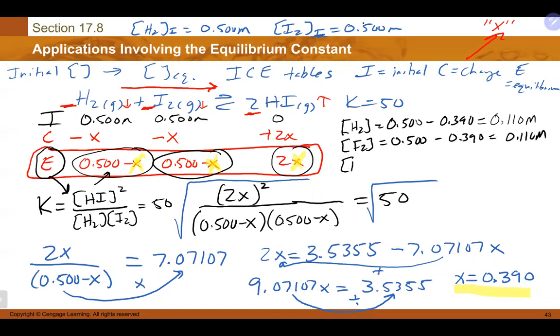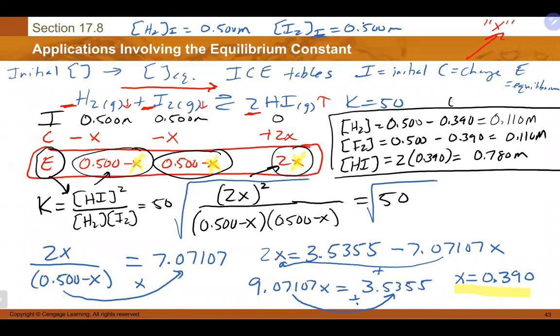And our HI from our equilibrium line is equal to 2x. So we would take 2 times 0.390, which is 0.780. And these in the box here would represent our equilibrium concentrations of each of these guys. Question on that there.